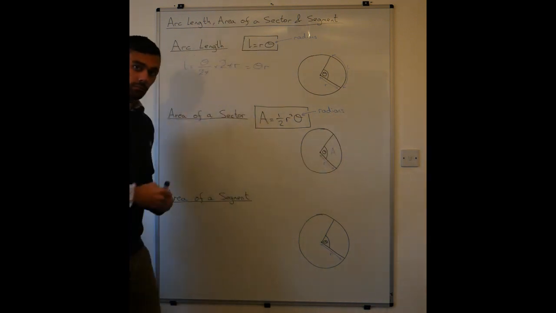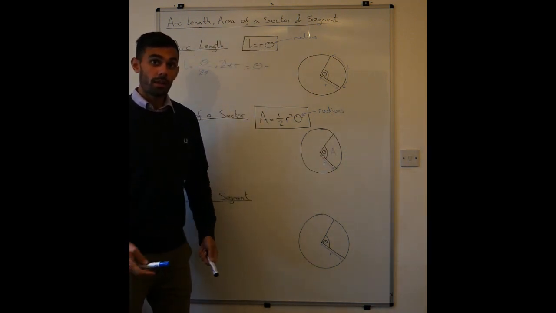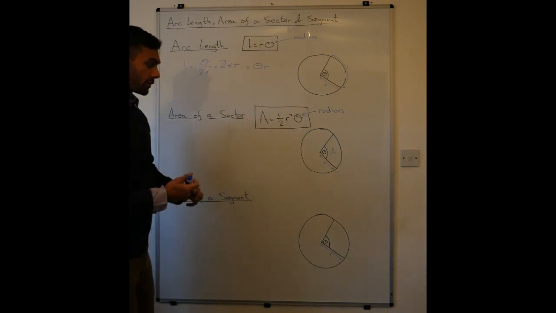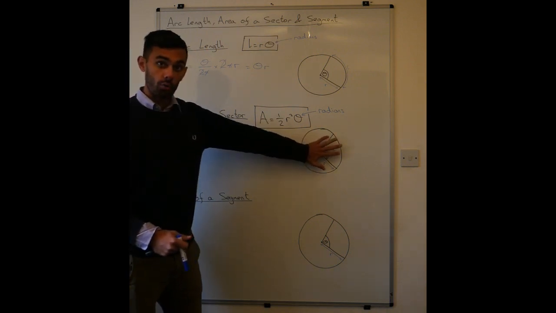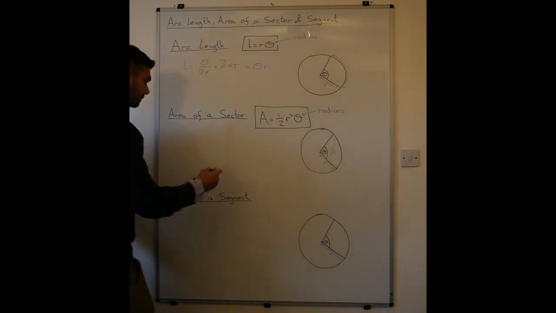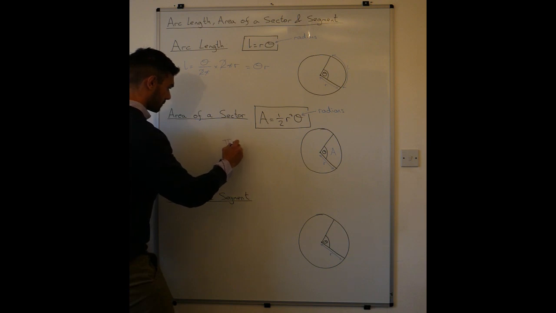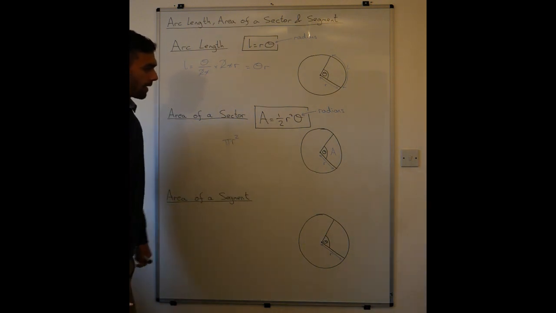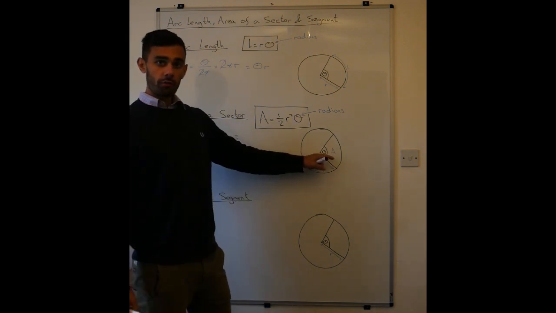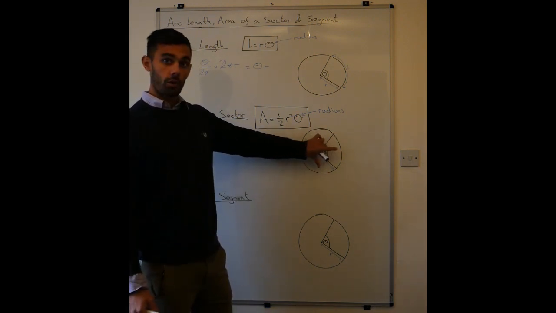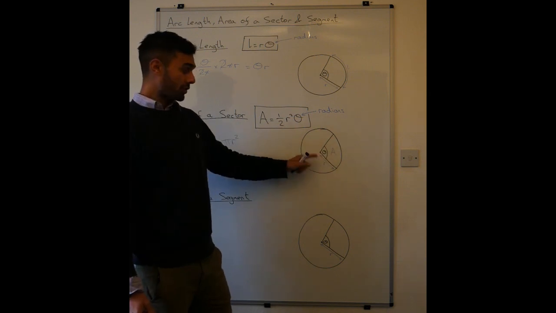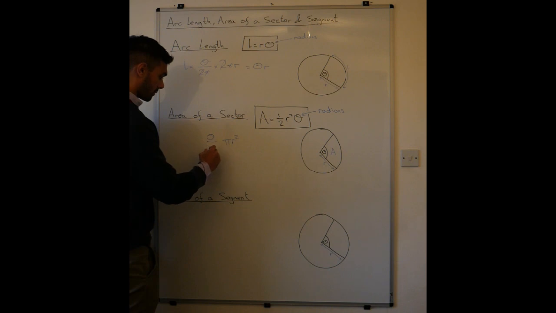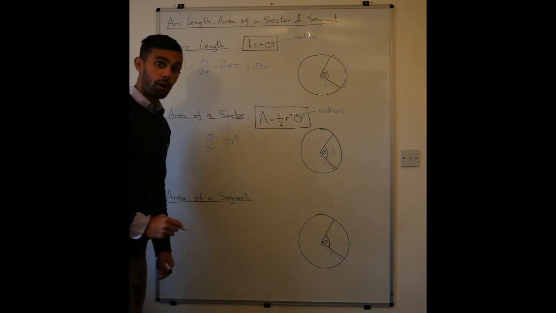Cool. And then where does the formula come from? Well, you can derive it in a very similar way to the arc length. Okay, first of all, question is, what's the area of a whole circle? Pi r squared, hopefully you're familiar with that. And then this sector is just a fraction of the full circle. And the fraction that it is of the full circle is theta over 2 pi.